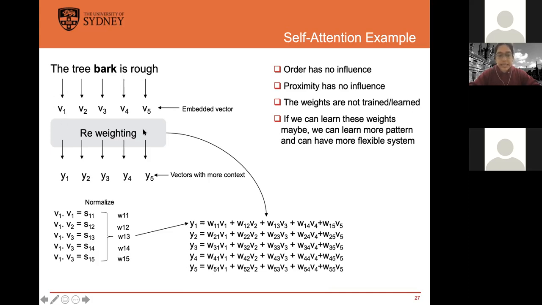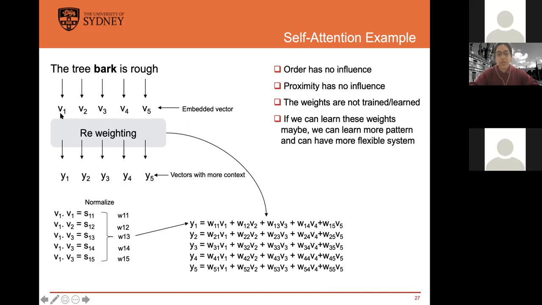Then what we need here is to get some context from these vectors, right? So what is done here is a reweighing operation, and then we get vectors which have more context to them.